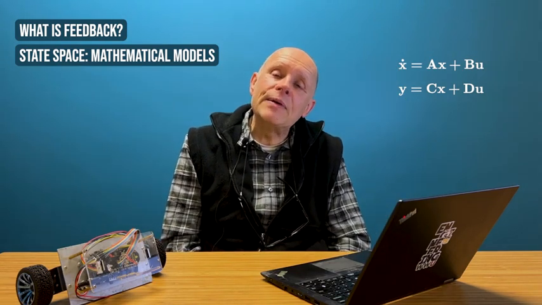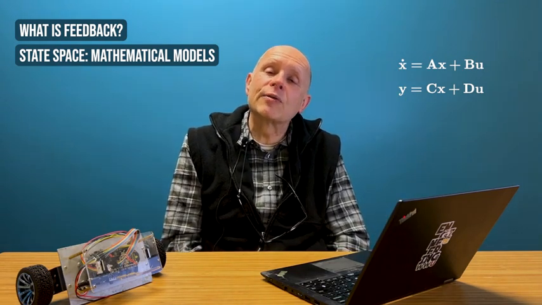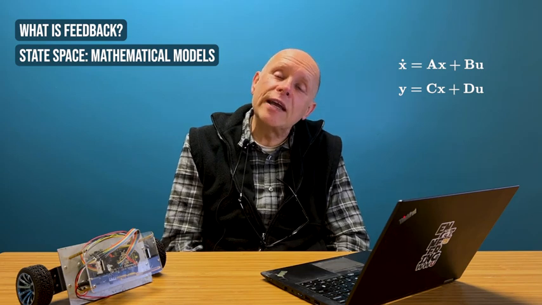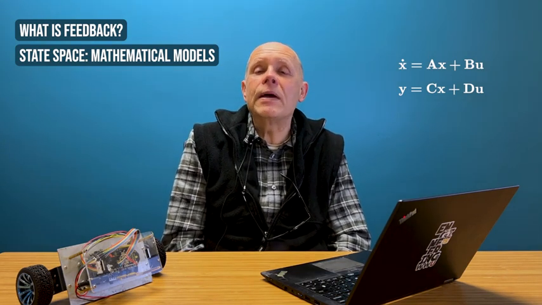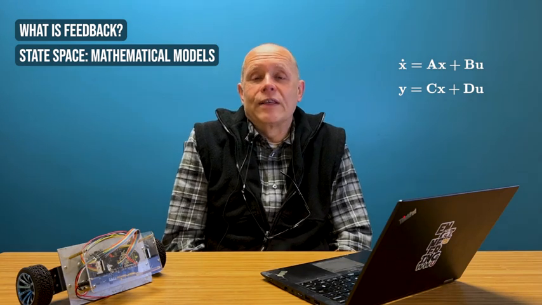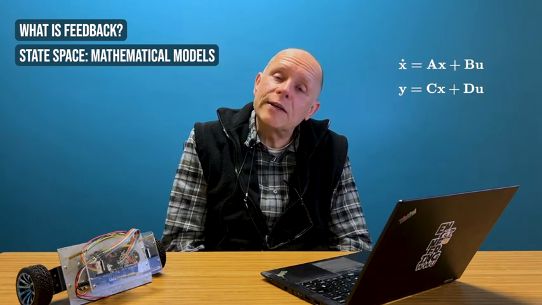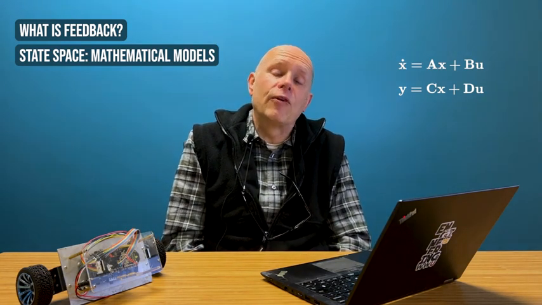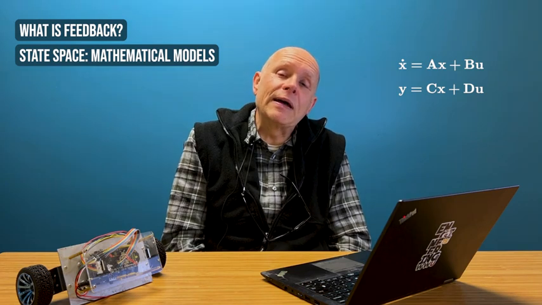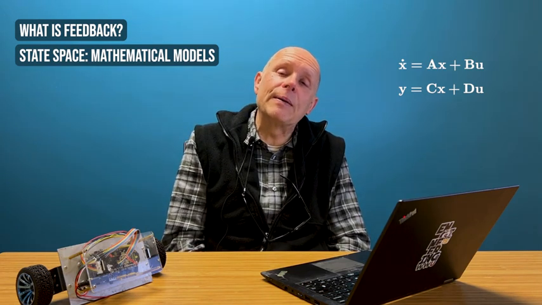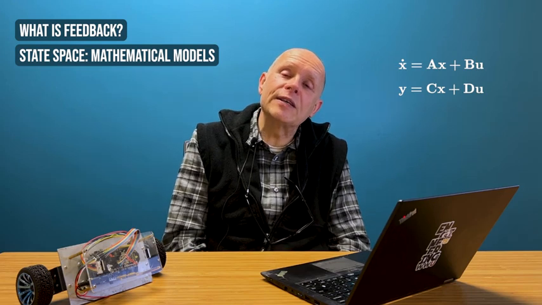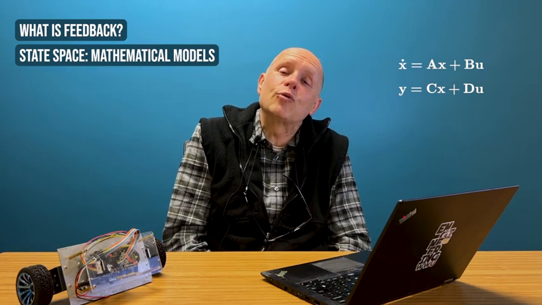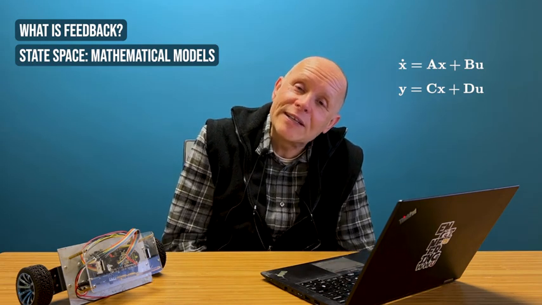X dot means the derivative of x with respect to time, or the rate of change of x with respect to time. A is a matrix. And for the simple system, it would be a 2x2 matrix. For a more complicated system, it might be many more. For example, for a drone with 4 propellers and 6 degrees of freedom, I think we calculated it was something like a 24x24 matrix.